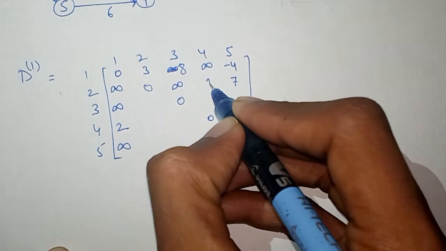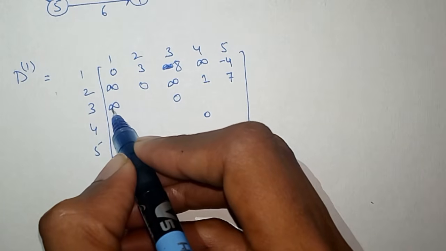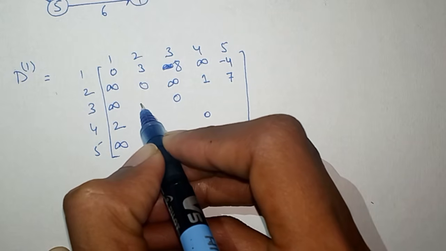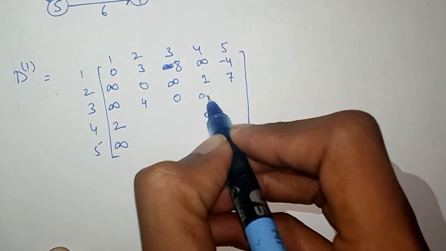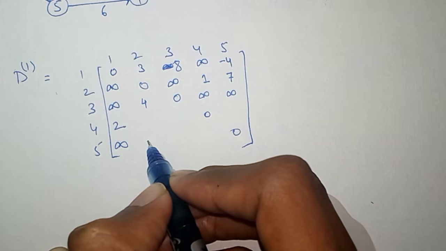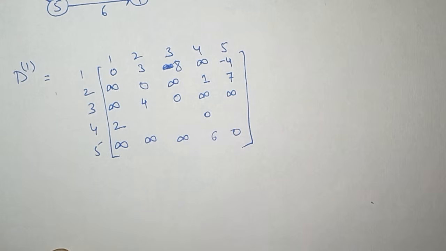You can check this out by doing it on your own. And again the third row will also be the same as in the D0 matrix: 4, 0, infinite and infinite. Again the fifth row will also be the same: infinite, infinite, 6 and 0.